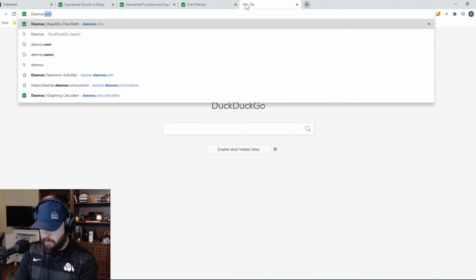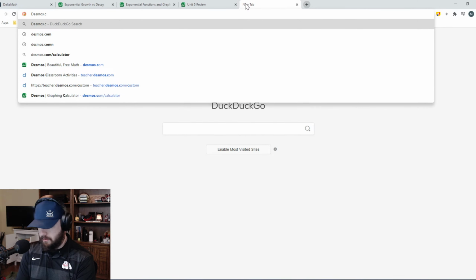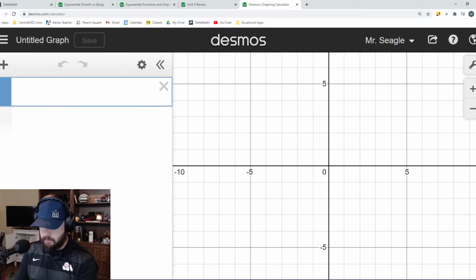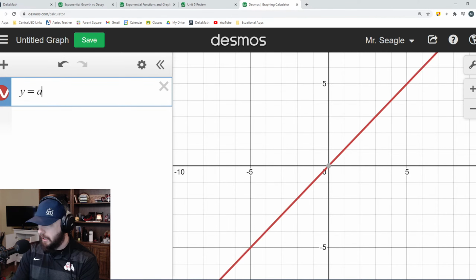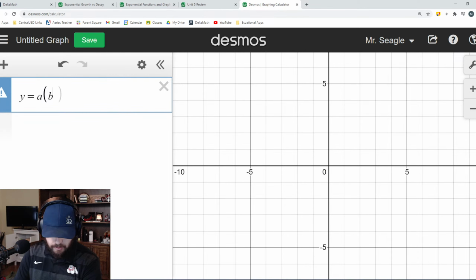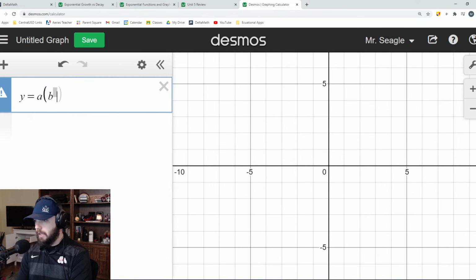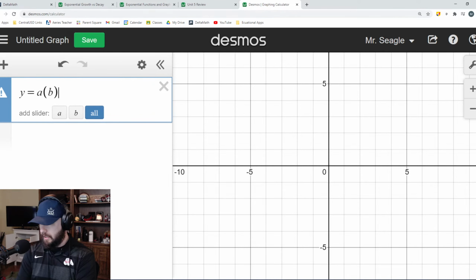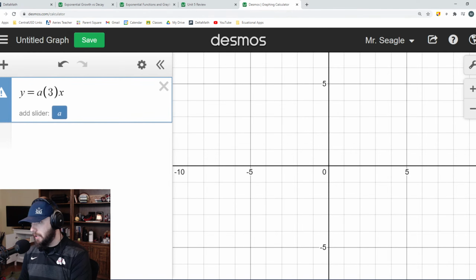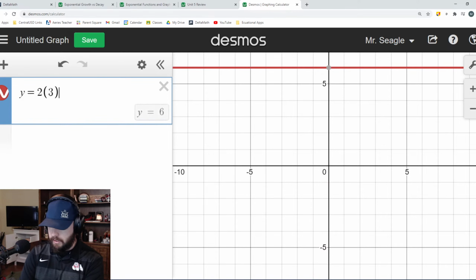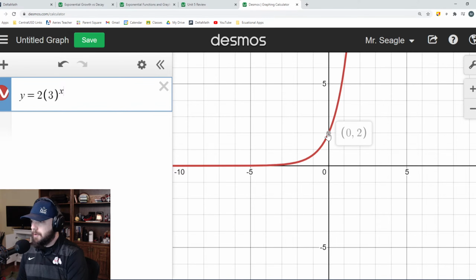So let me pull up Desmos over here. Open up a separate thing. So we have y equals a times b to the x. All right, so what's going to happen is that number here, let's just call this 3. This number here, a, is going to be where our y-intercept is.